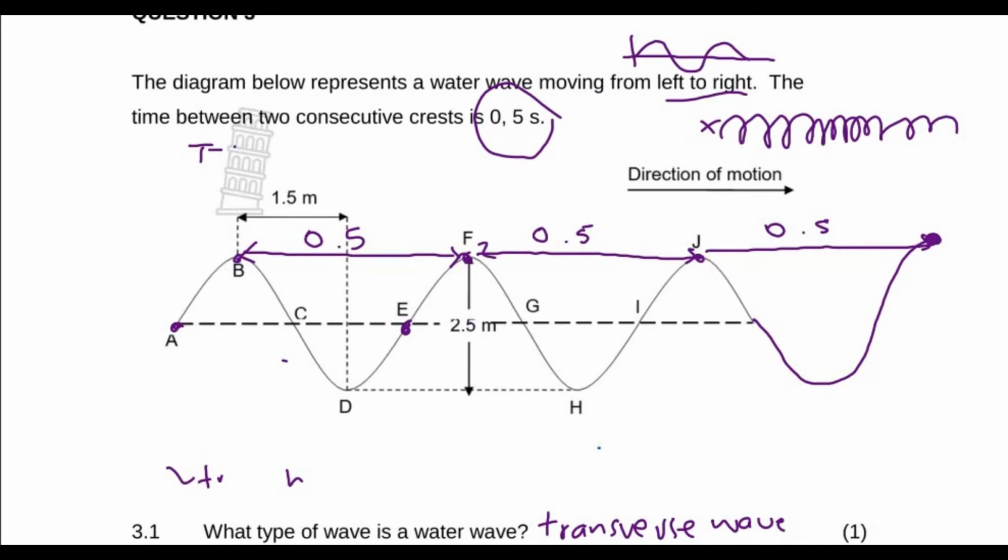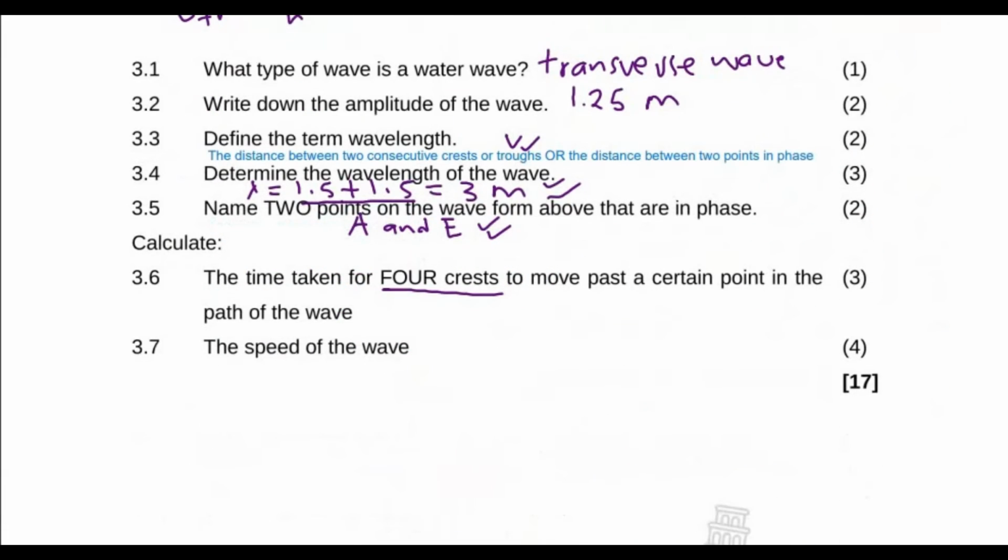One thing is that if we have 4 crests, or maybe even 4 troughs, how many full waves would we have? This is a full wave, this is another full wave, and this is another full wave. So we have 1, 2, 3 full waves, and the time to complete one full wave is just 0.5. So to determine the time taken, we write T equals 0.5 times 3.